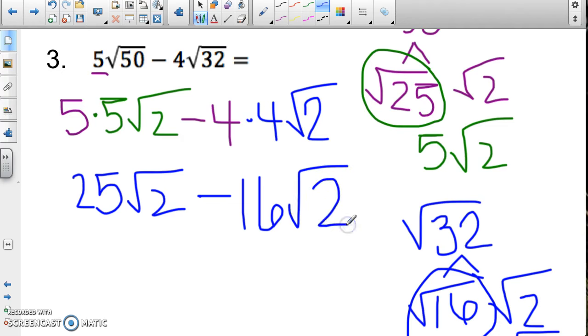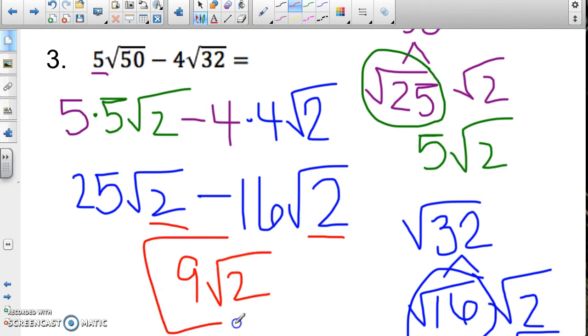Now if we look, these are like terms now because we have the same radicand, that 2. So 25 minus 16, that would be 9. And it's 9 radical 2, and that is our final answer.